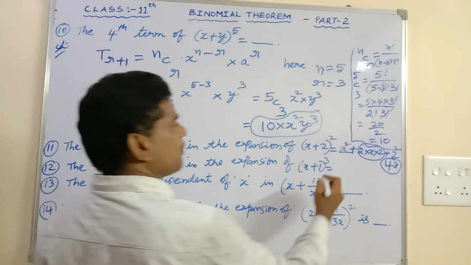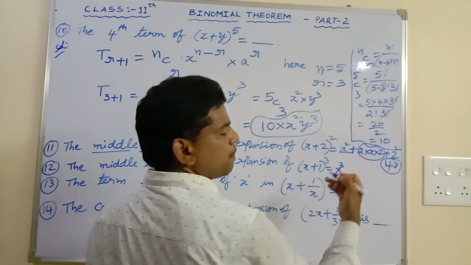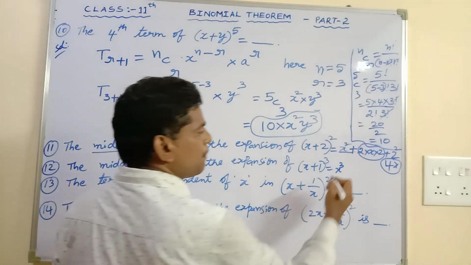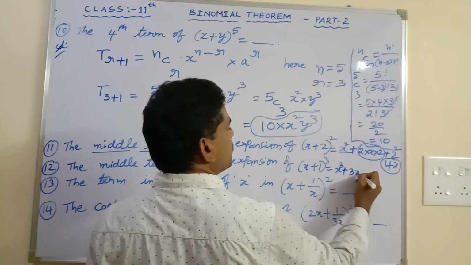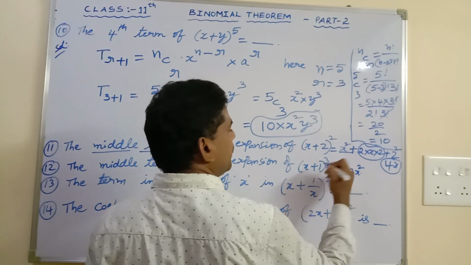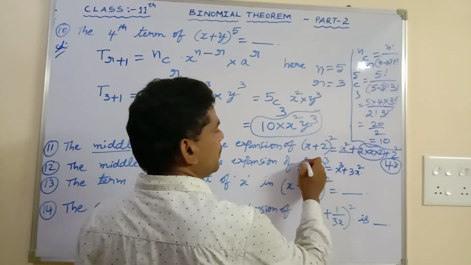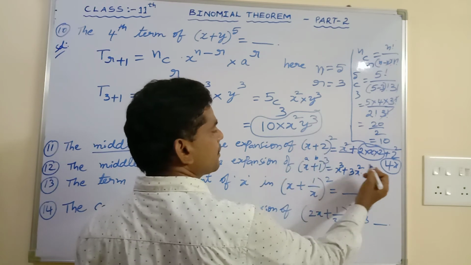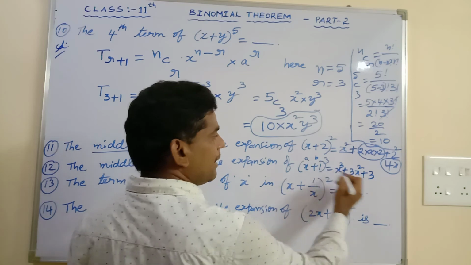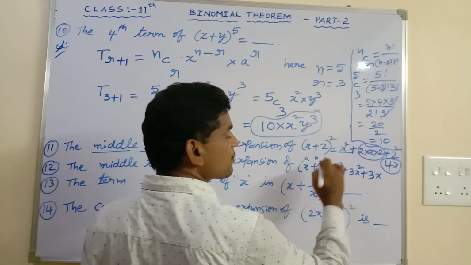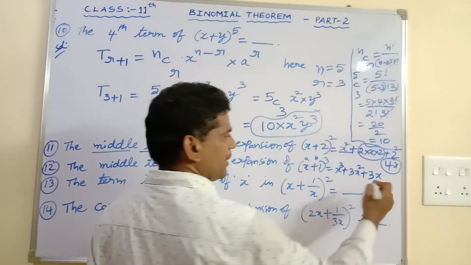The middle term in the expansion of (x plus 1) whole cube. This is also in the form of a cube plus 3a square b plus 3ab square plus b cube. Here a is x and b is 1, so 3x square into 1, that is 3x square. Then 3ab square, 3 into x, b square is 1 square, 1 only, need not write.